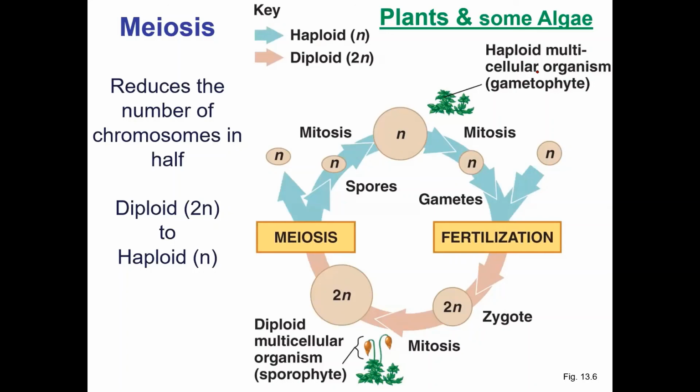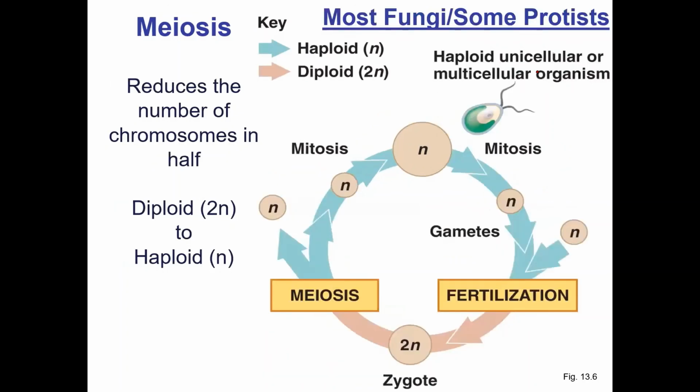So like I said, not really going to talk about plants too much. They're a lot more complex. And then if you look at fungi and protists, there are all sorts of weird things going on there. Some of them are haploid, some of them are diploid, some of them reproduce asexually, some of them don't. So it's not even worth it to talk about them unless you're taking an entire class on fungi or protists.